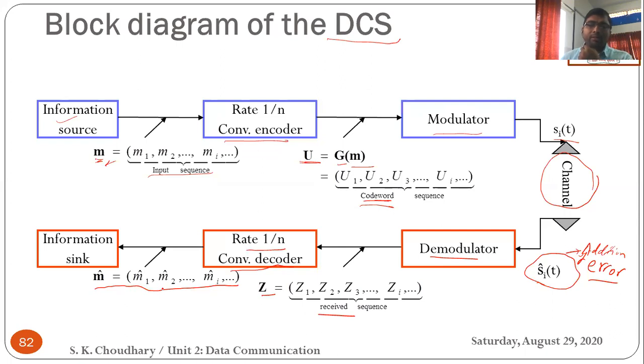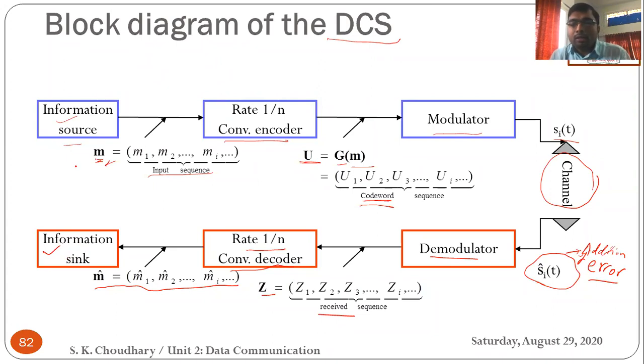In a practical system, we are never able to recover 100% the same input sequence. There would be some corruption in data because of the addition of errors or noise. But this estimated value is very similar to, or nearly matches, the actual input sequence. In this way we send it to the information sink, and we recover the original information generated at the information source.